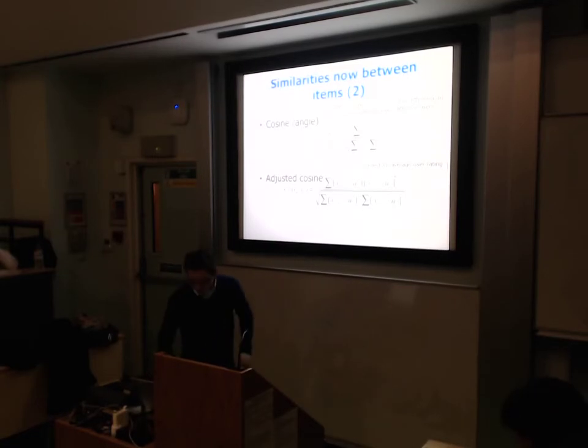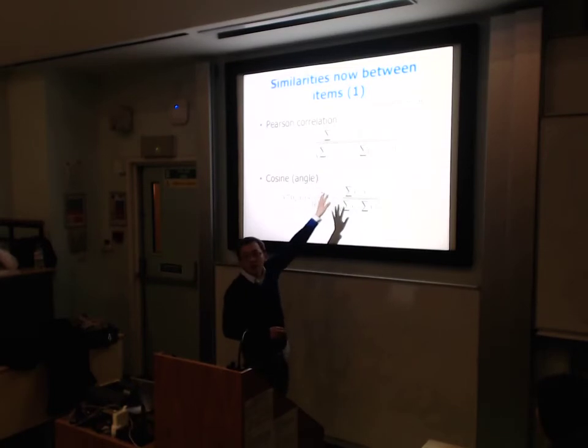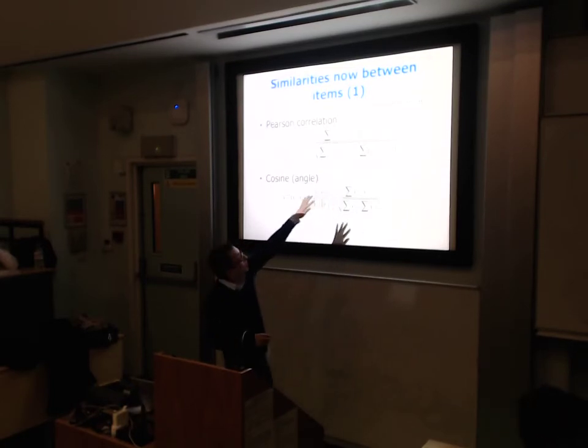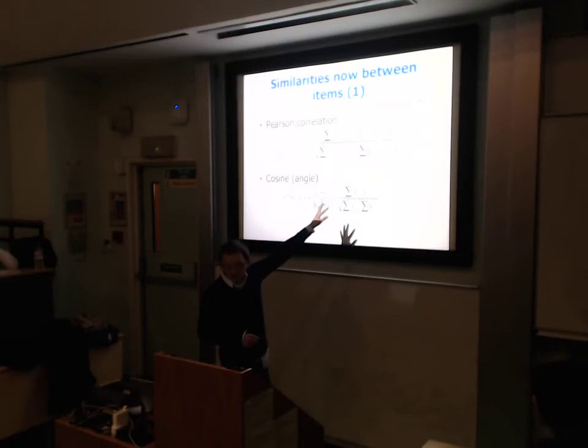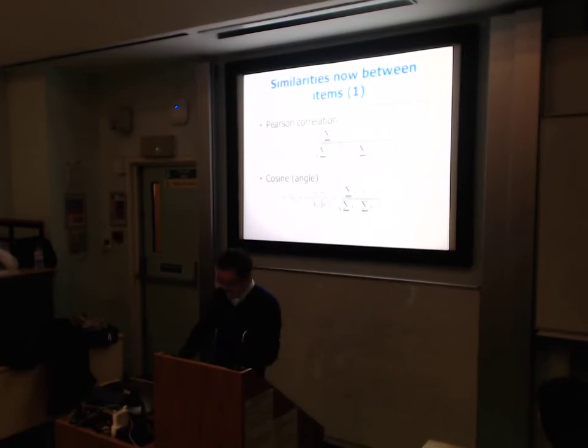So this is a standard Pearson correlation, where you subtract from the ratings for this particular item the average rating for this particular item. This is the cosine similarity that we talked about when we talked about texture.